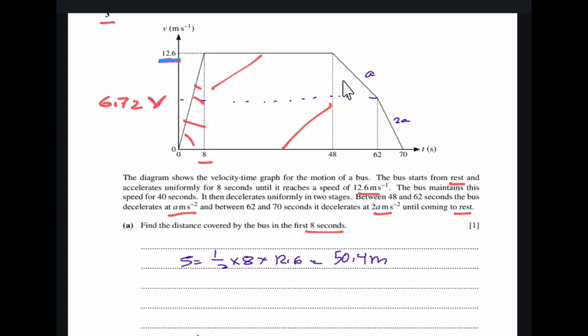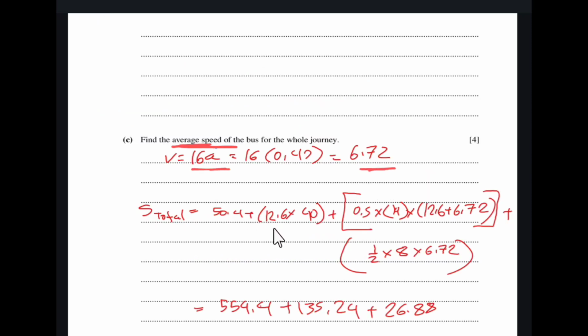Then the area of the trapezium, half into the sum of two parallel sides into height, that is 12.6 plus 6.72 into height, that is 62 minus 48. Then the area of the second last triangle would be half into base into height, where the height is 6.72, which I have calculated earlier.